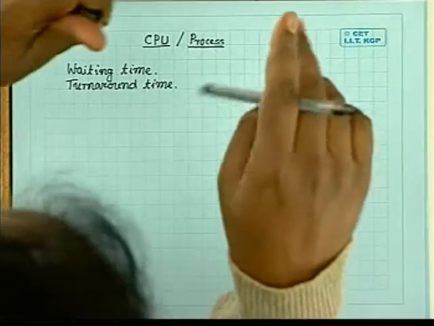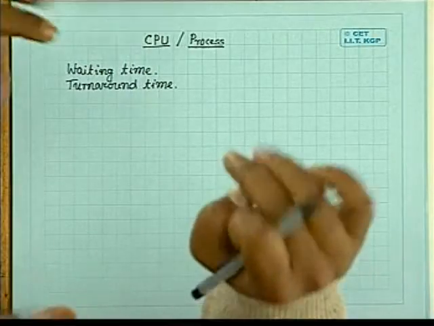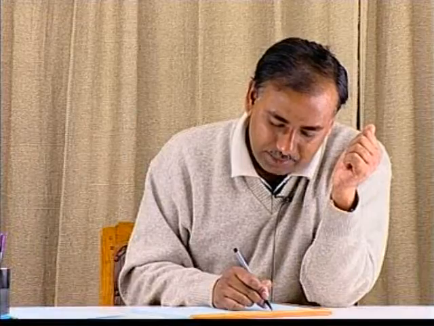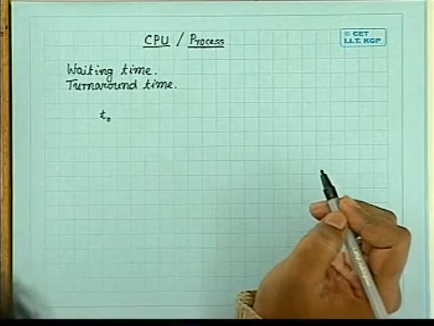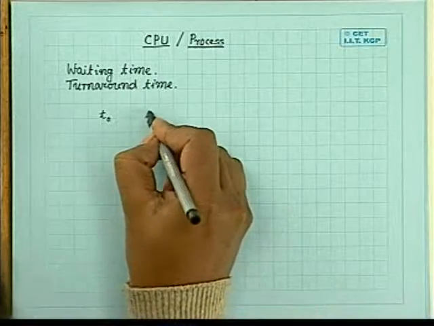So what is then waiting time? If I submit a job, submit a program for execution at, say, time instant T0, and the CPU starts execution of my job at some time instant, say, Ti.